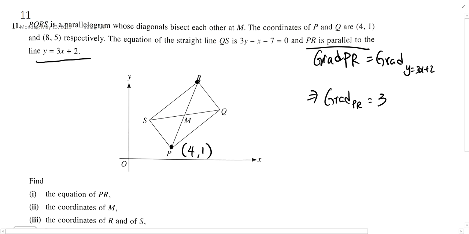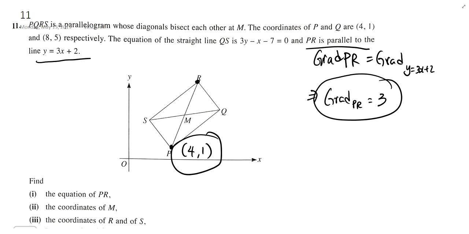Now that you have the gradient and a set of coordinates, how do you find the equation? Okay, y equals 3x plus c, and then sub in P. Then 1 equals 3 times 4 plus c, okay?